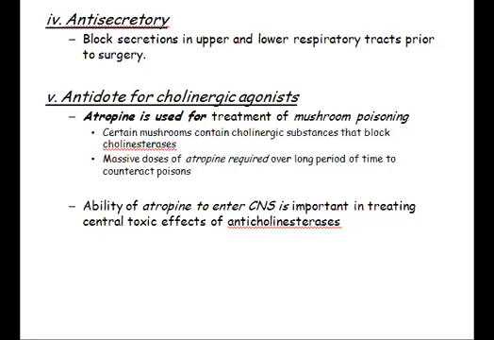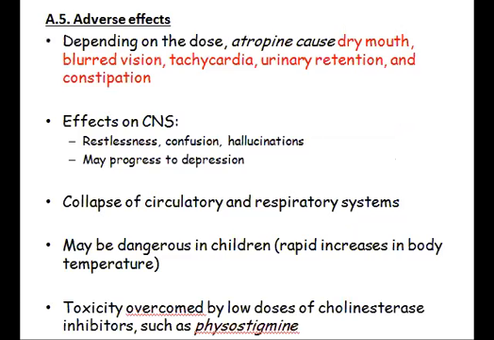So massive doses of atropine are required over a long period of time to counteract a poisoning with those mushrooms. The atropine has also the ability to enter the central nervous system. This is really important in treating the central toxic effect of the anticholinesterase.